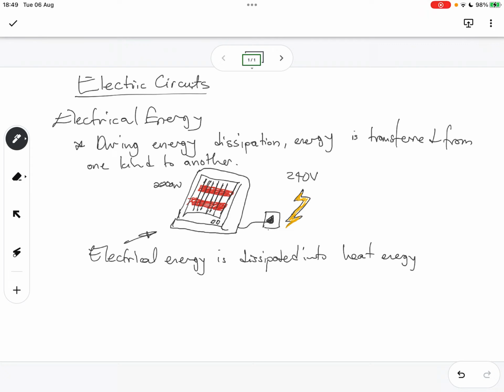Now, because power is the rate at which work is done, it's also the rate at which energy is transferred. So our definition of power is the rate at which work is done, and therefore the rate at which energy is transferred.